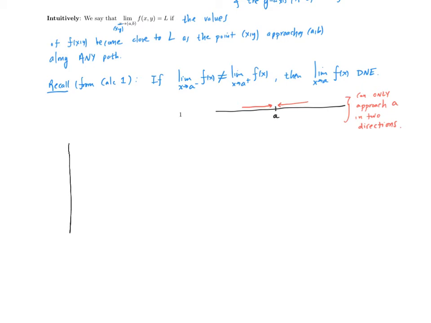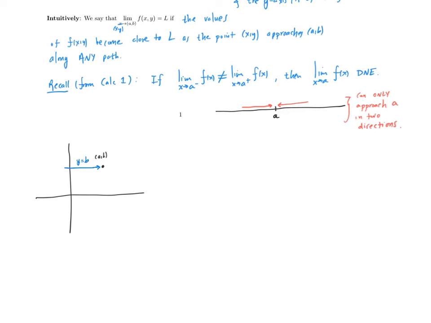So in a function of two variables, we're thinking about a limit as we approach some point (a, b). Now, when it comes to approaching a point in the xy plane, there are all kinds of ways that we could do this. We could approach it via a horizontal line, so that would maybe be something like y equals b.